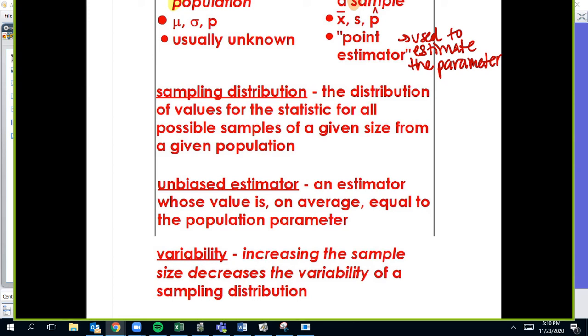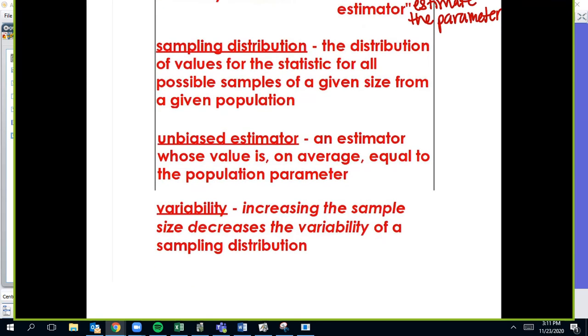And so typically means and proportions are unbiased, and then other things might be biased. And then the variability definition is that if we increase the sample size, we decrease the variability. So remember, I wrote that thing goes up, variability goes down, and we'll see the math behind that as we continue through with this unit.